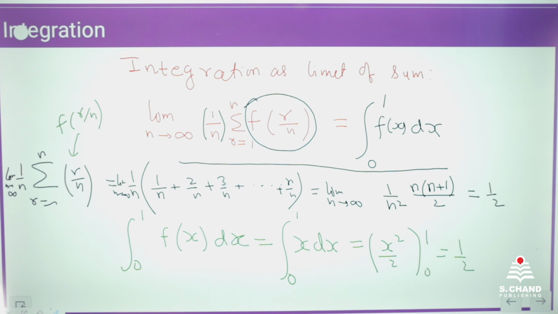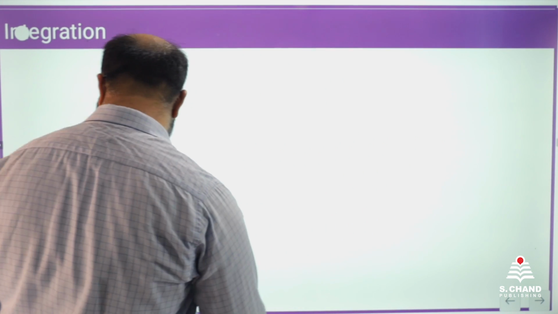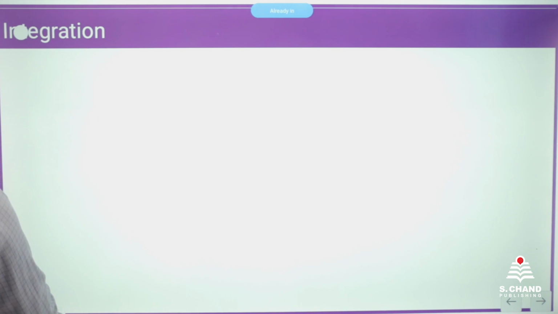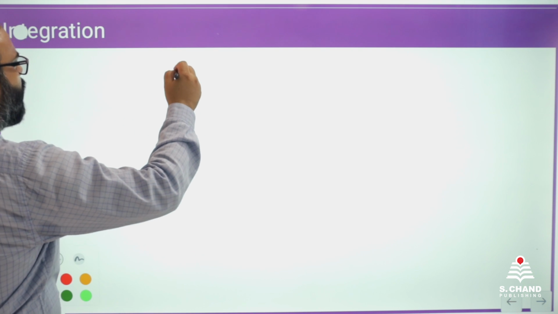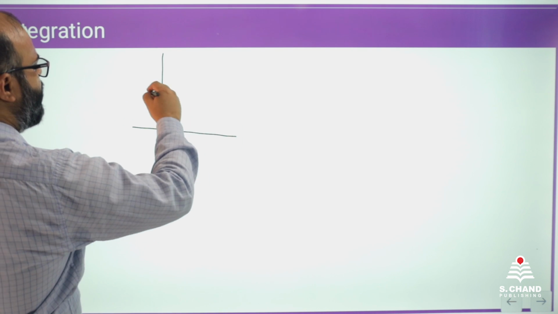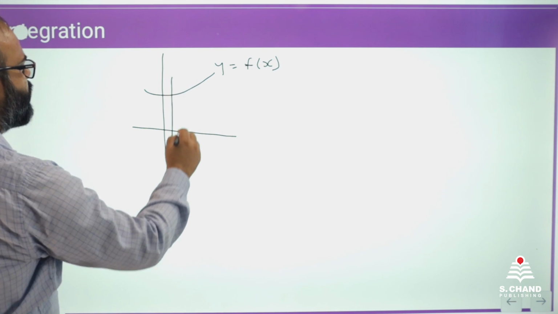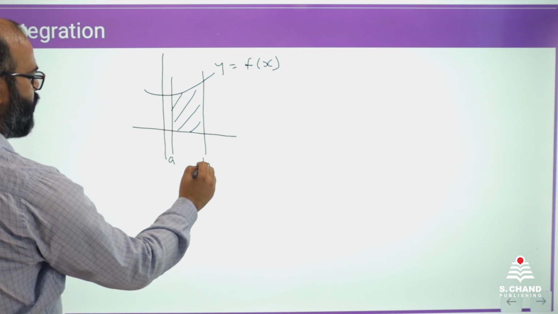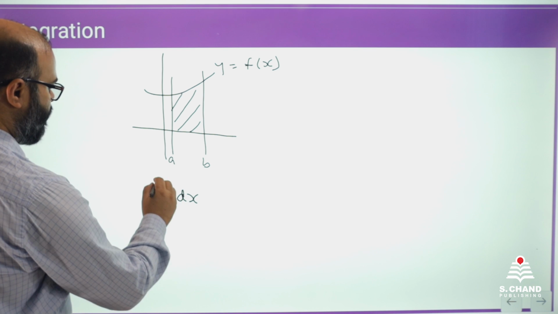Now the last thing which we have to study here is also application of integral. The application of integral part says that suppose we have a curve which is like this, y is equal to f of x, then the area which it makes with the x-axis between x is equal to a to x is equal to b is y dx from a to b.